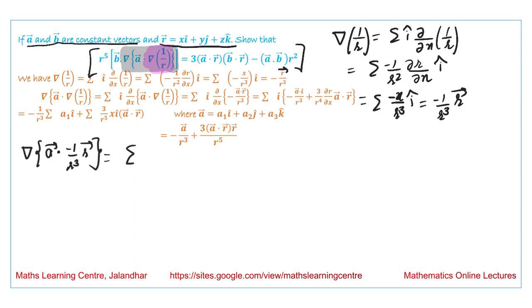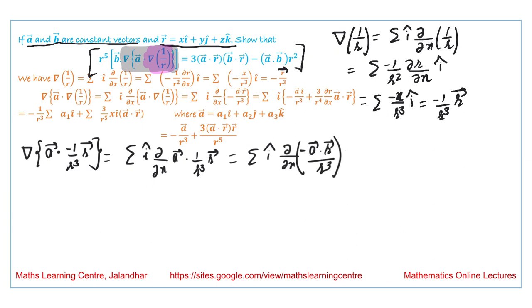We can write this is equal to sigma i cap ∂/∂x of a vector dot product of 1 by r cube into r vector. So we can write this is equal to sigma i cap ∂/∂x of a vector dot r vector over r cube, and it is minus sign over here.